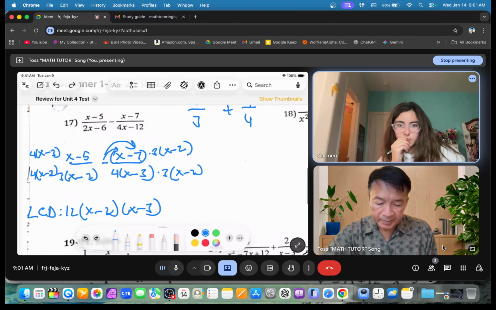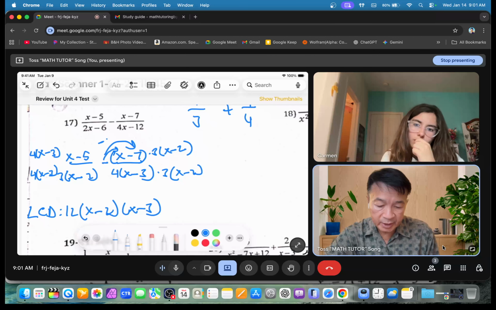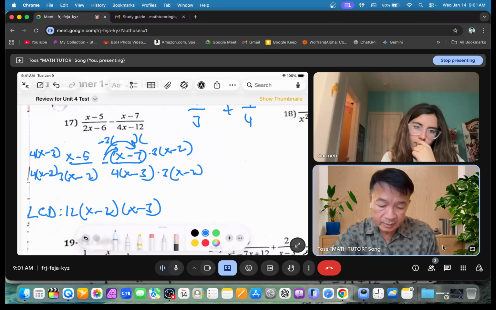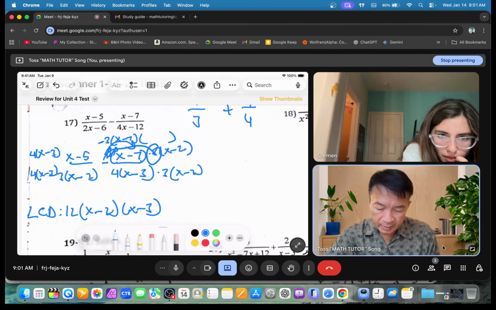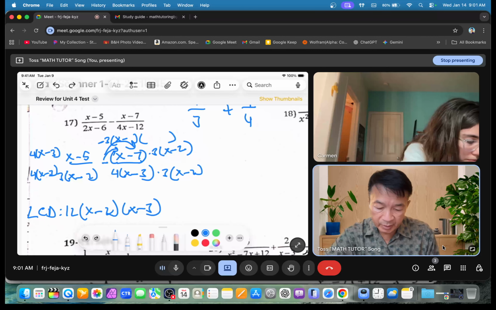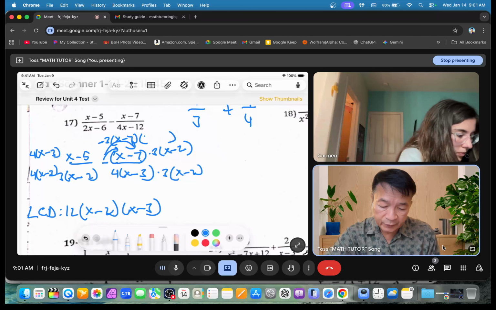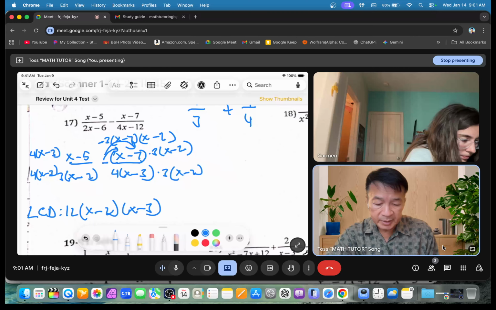But then do your very best to combine the numerators carefully. Again, like I said, I recommend you give up the 3, put it in front of the negative. Let me rewrite it. Put this 3 right here, and reorganize it to make it clean for you to work on. And then you foil x minus 7 times x minus 2.